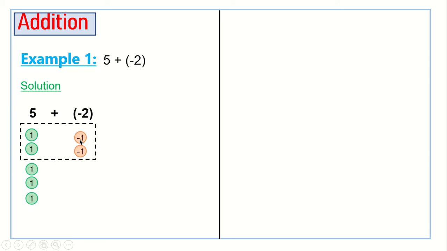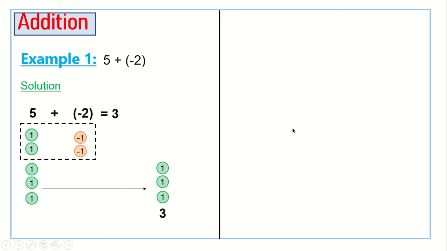Now you see that a disk of 1 and a disk of -1 will show a 0 pair. So this and this make a 0 pair, then this and this will also make a 0 pair. Then we will remain with 3 disks of 1, and that is 3. This means that 5 plus -2, we get 3.